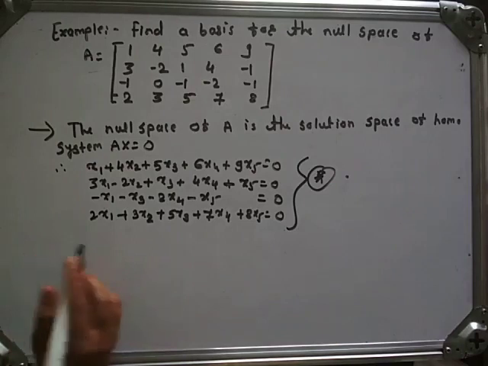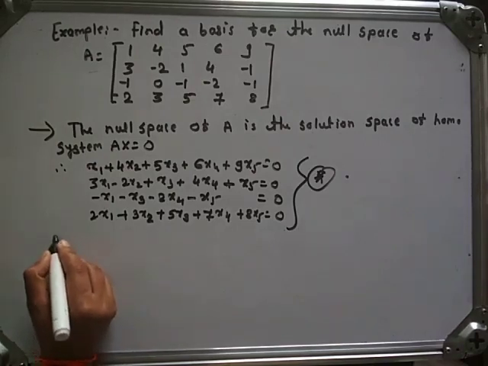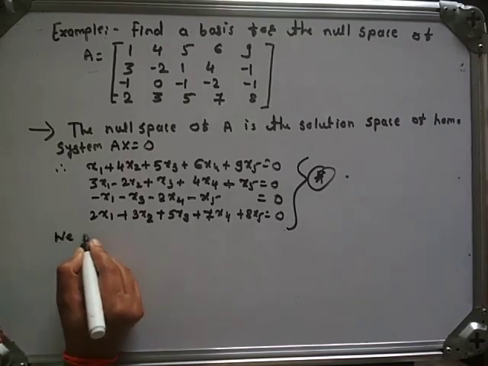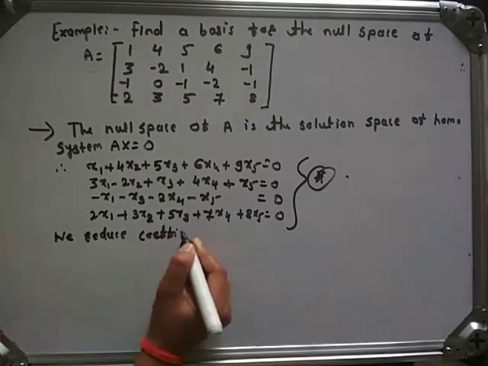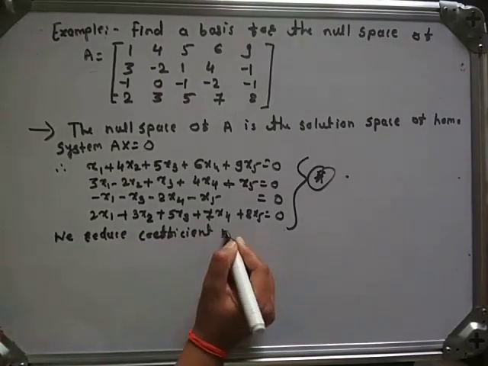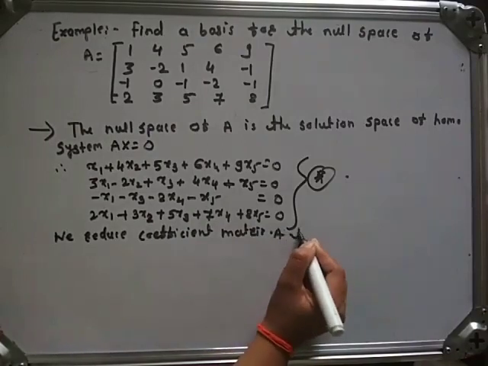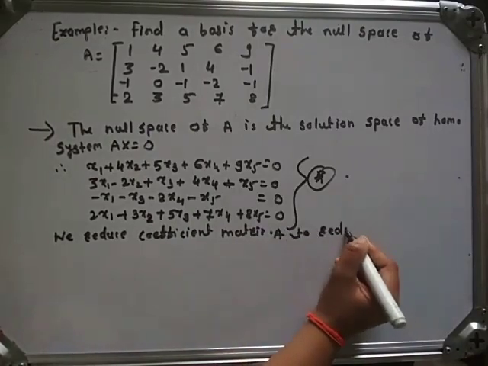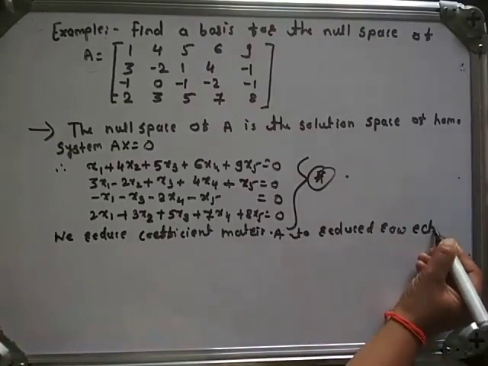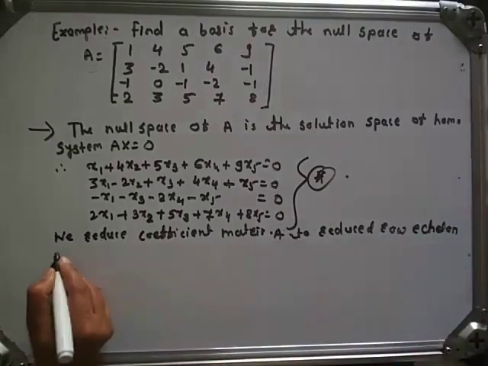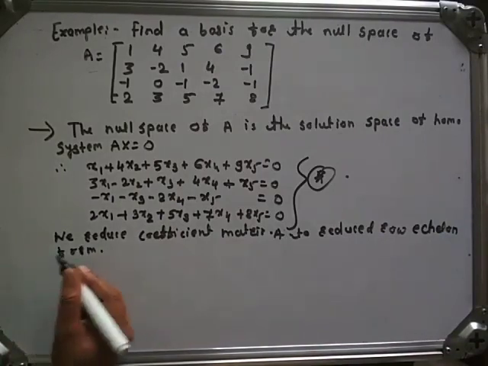For this we reduce the coefficient matrix A to reduced row echelon form. For this we will perform row operations.